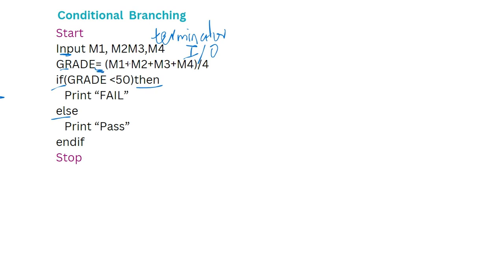Grade equal, we're doing a calculation, so this is a process. Now, if grade is less than 50, that's a decision. So we have a decision box here. Print, input, output. Print, so this else would just show yes or no. Print, input, output, and stop, which is another terminator.